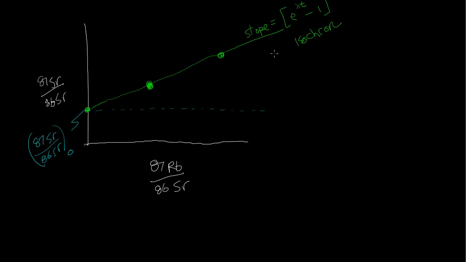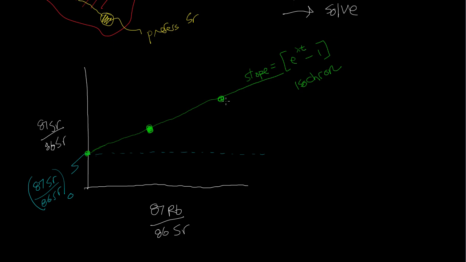Now quickly, let's just consider how these compositions evolve to the point where they get here. Remember, these are the compositions they have after they've accumulated strontium-87 for some time. Now, just remember here that the decay is rubidium-87 becoming strontium-87. So as this decay happens, this value here will decrease, and the amount of strontium-87 here will increase.